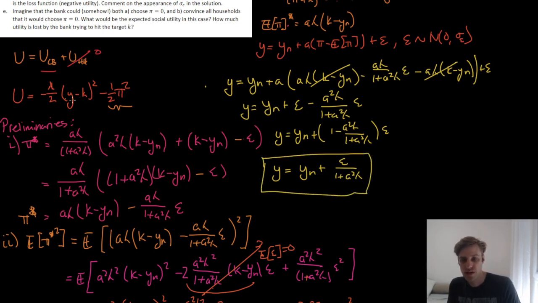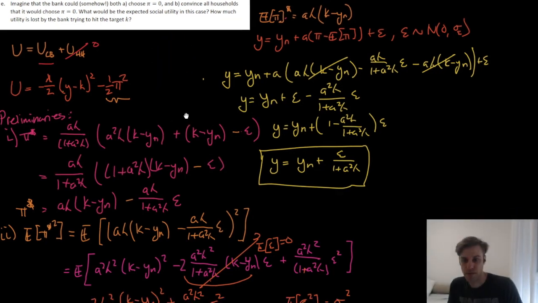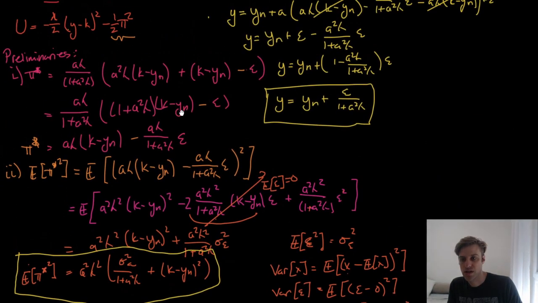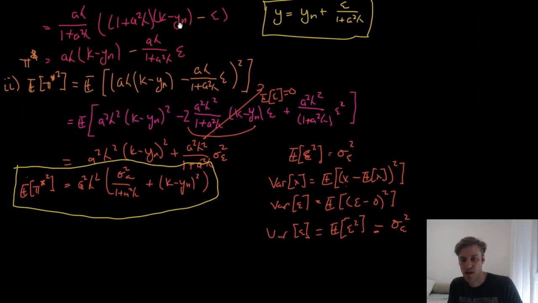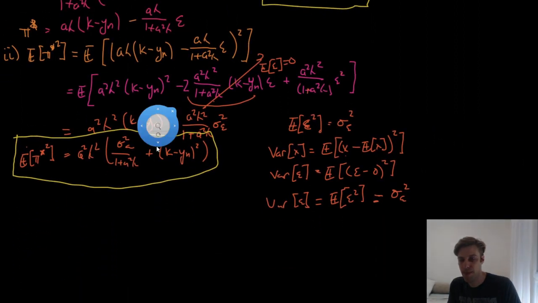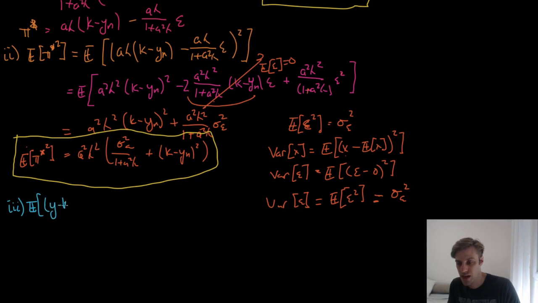So we just need to subtract k and then square it and find the value of that square. So let's go back down to our preliminary section. So our preliminary section 2 is we want to know what is the expected value of y minus k. I guess we're in preliminary 4. I don't know, this whole naming schema has collapsed. I'll call it 3. We want to know what is the expected value of y minus k squared.